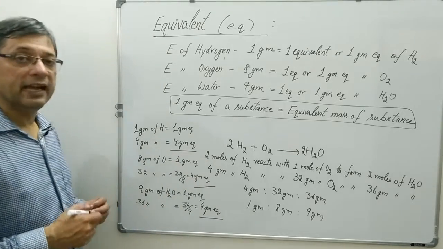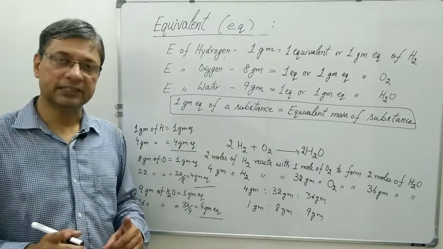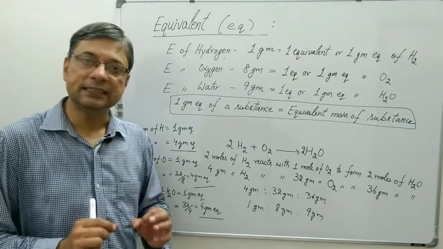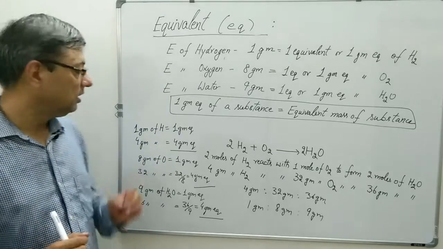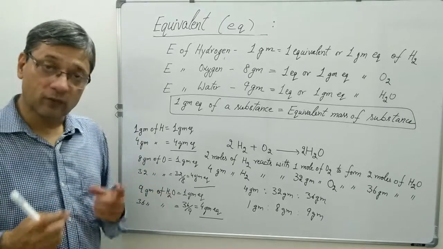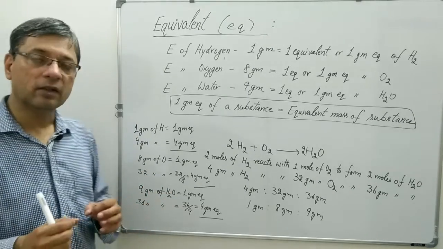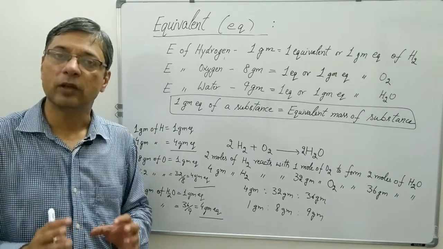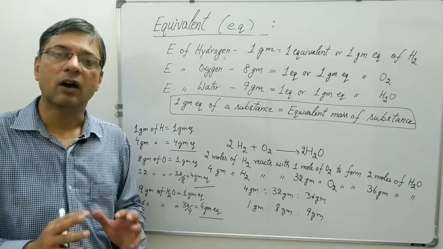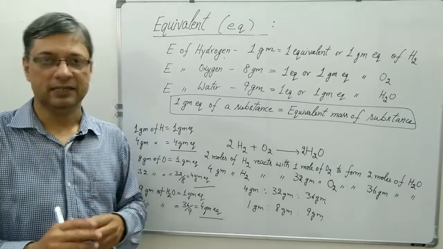It is clear that in the given chemical reaction, the number of gram equivalents of each entity are equal. Hydrogen has 4 gram equivalents, oxygen has 4 gram equivalents, and water formed also has 4 gram equivalents. This is called the law of equivalence.